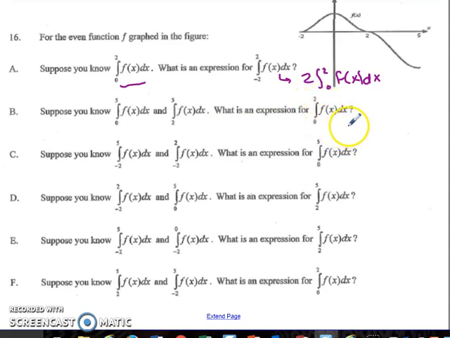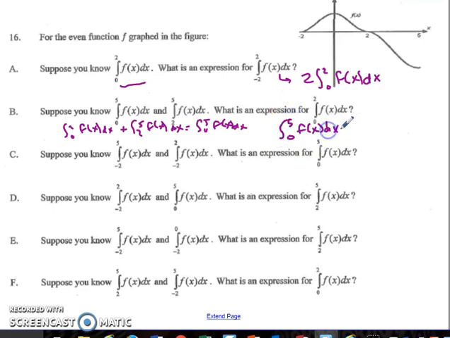Well, I think I can just subtract, because I know from my properties of integration that if I integrate from 0 to 2 and add that to the integral from 2 to 5, I am going to get the integral from 0 to 5. So that means that the expression for the integral from 0 to 2 is going to be the entire expression from 0 to 5, subtracting off the expression from 2 to 5.